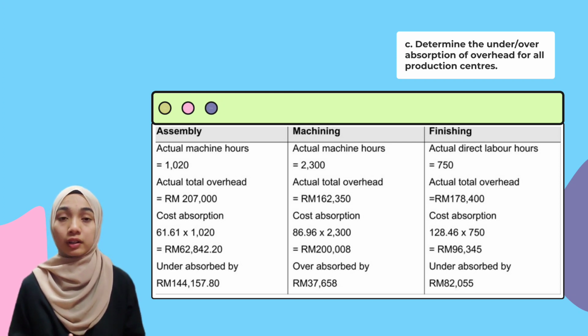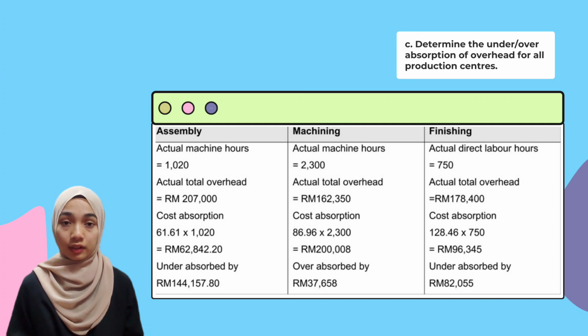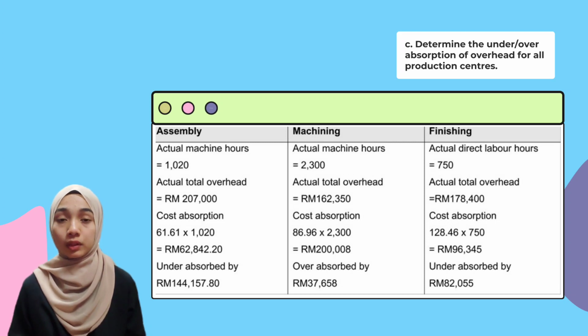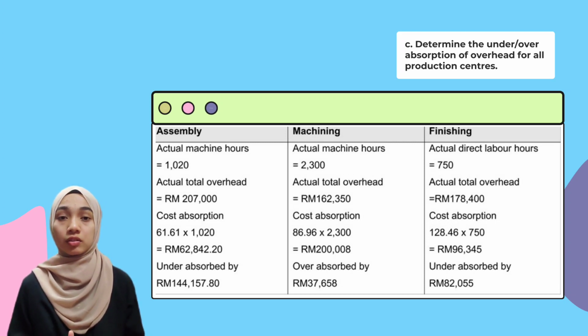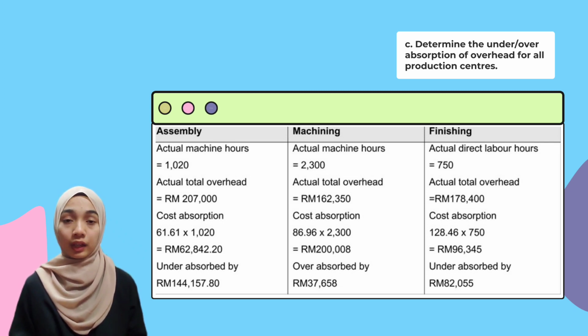And lastly, for the finishing department, we calculate the cost absorption using the OAR, RM128.46 multiplied by 750 direct labor hours, and we get the total RM96,345. As we compare with the total overhead that was given, RM178,400, we find that the finishing department is under absorbed by RM82,055.